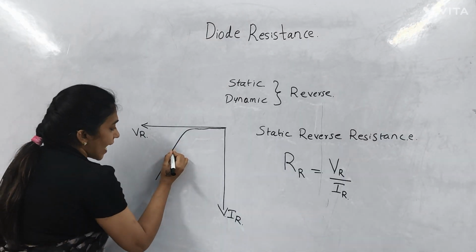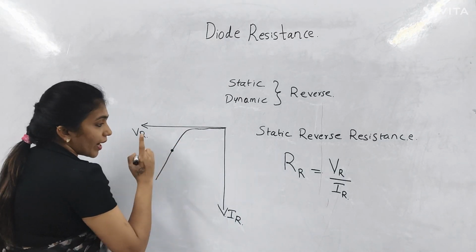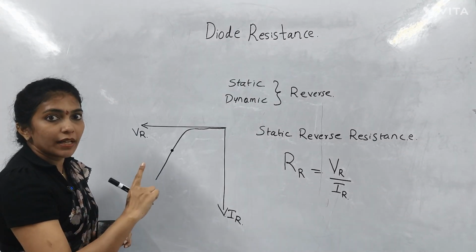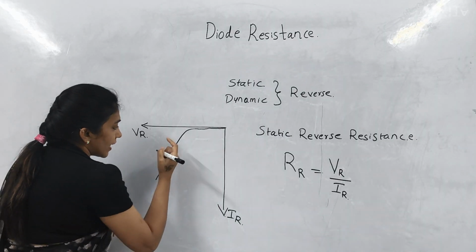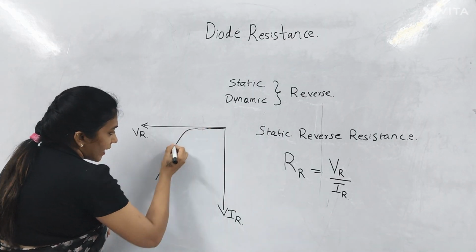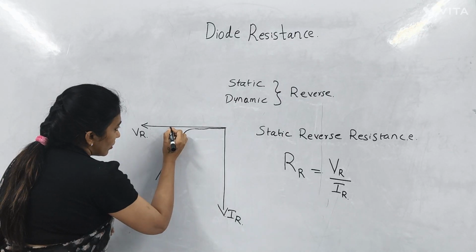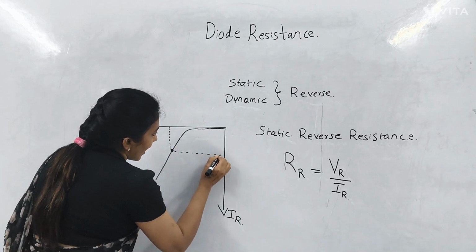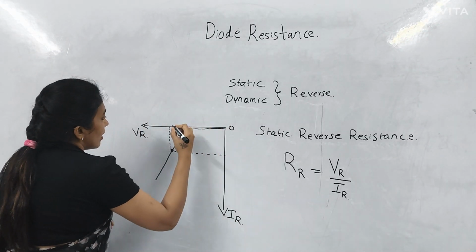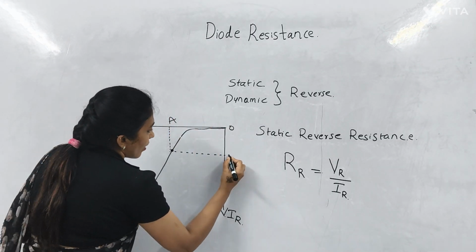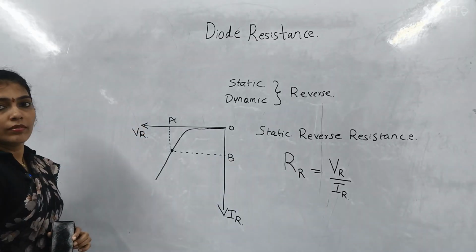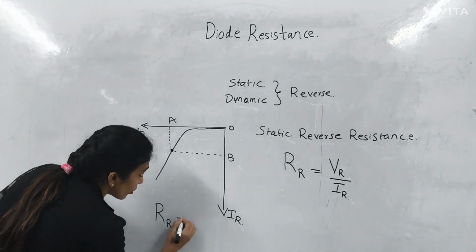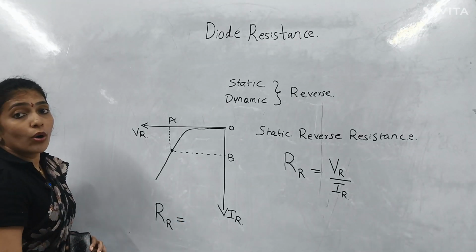Now we need to calculate static reverse resistance from the graph. For static calculation, we take 1 point on the curve. For dynamic, 2 points. So for static, I am taking only 1 point on the curve. From this point, we draw straight lines to the axes. This is the origin; on the x-axis, that is A, and on the y-axis, that is B. Now from the graph, the formula is capital RR equals the ratio of voltage to current.